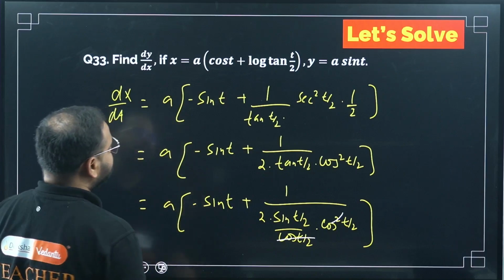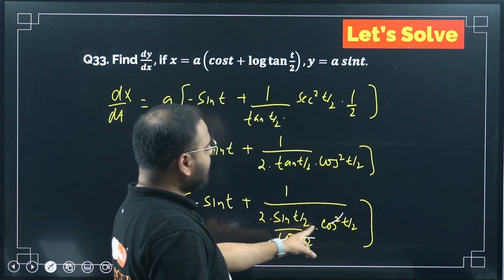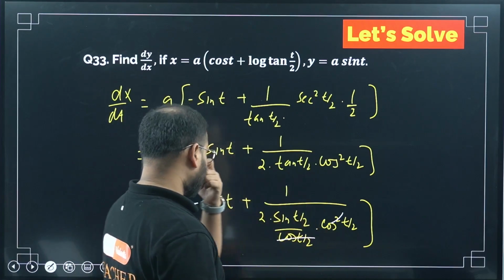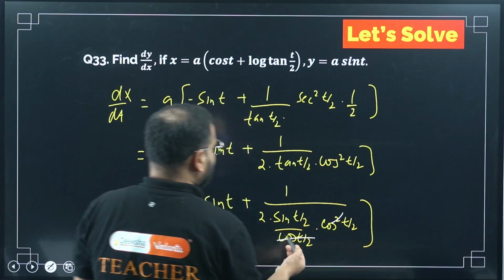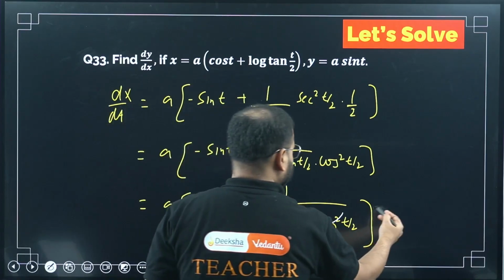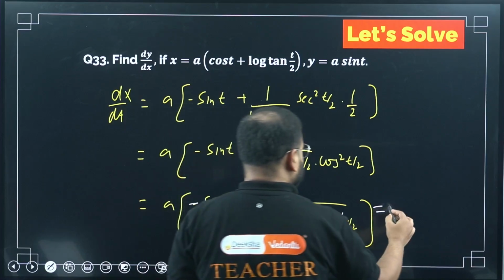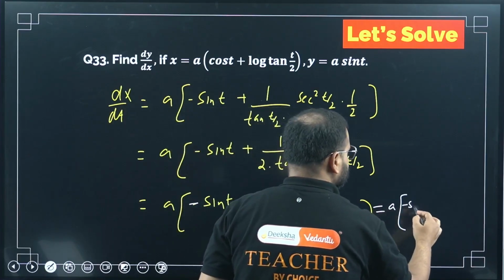Sin t will be here, minus sin t. What is this? 2 sin t by 2 cos t by 2. How much is that? Sin t. Please check here. 2 sin cos is simply sin 2 times the same angle. Please see here. This will transform into: a will remain as it is, minus sin t will remain as it is.